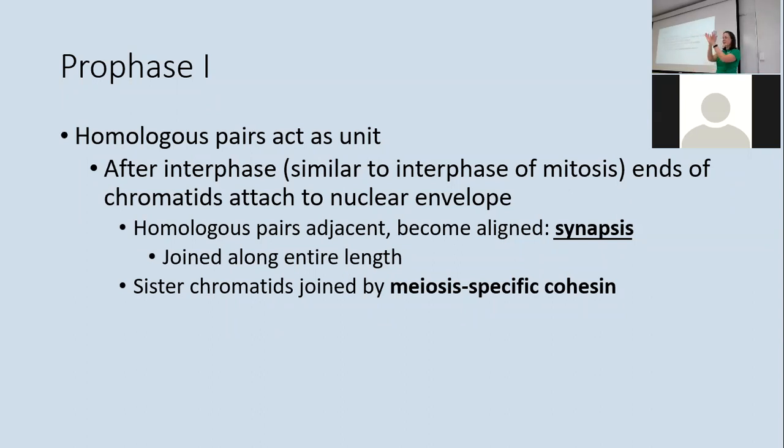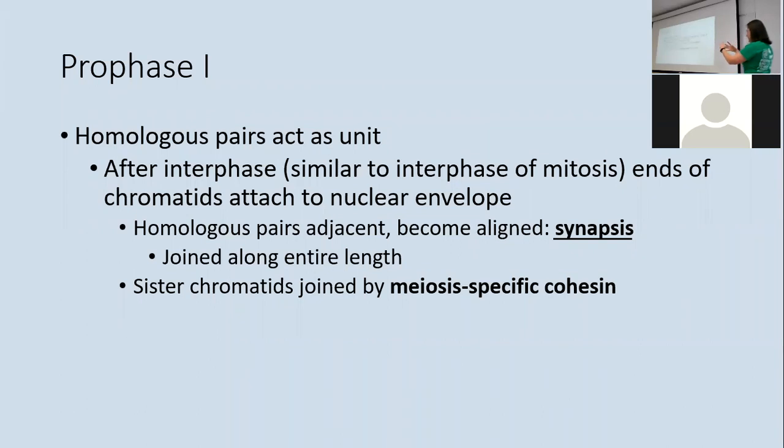Each chromosome gets its own little copy attached to it, those little sister chromatid pairs. So my maternal chromosome 1 is an X because it's copied itself, attached at its little centromere. Paternal chromosome 1 has done the same thing. It's a little X shape, a pair of sister chromatids, and then they find each other.